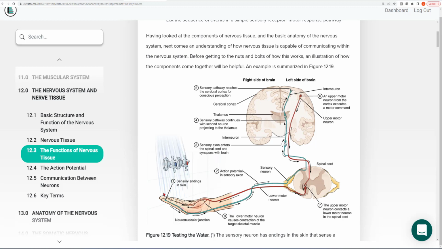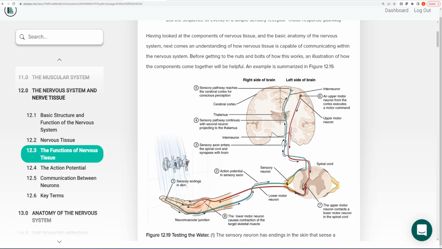These are thermoreceptors. They're picking up the warm temperature of the water. That signal is going to be picked up by a sensory neuron. And that sensory neuron, in this case, is going to travel from your finger, up your arm, and head toward the spinal cord.